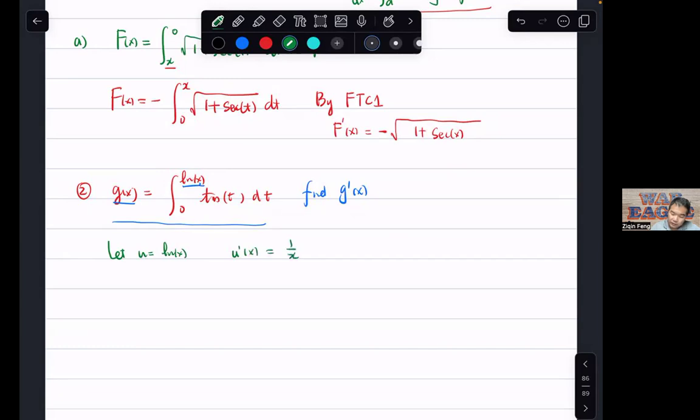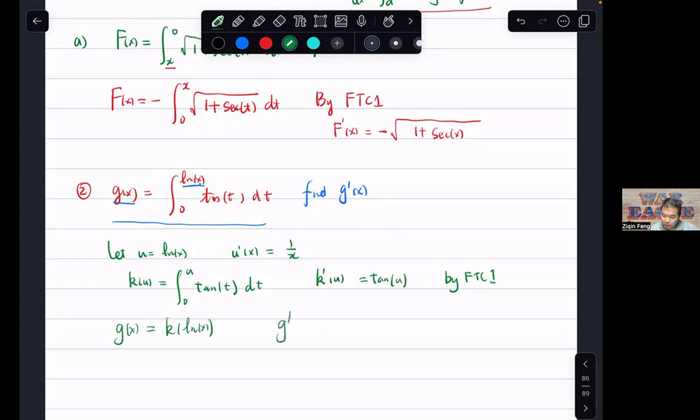And give a new name for the outer function, k of u is the integral from 0 to u of tangent of t squared dt, right? Now from here, k prime of u by the fundamental theorem of calculus part 1 is tangent of u, right? So now we know that g of x is k of natural log of x.